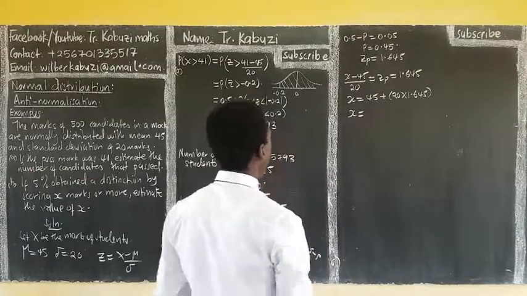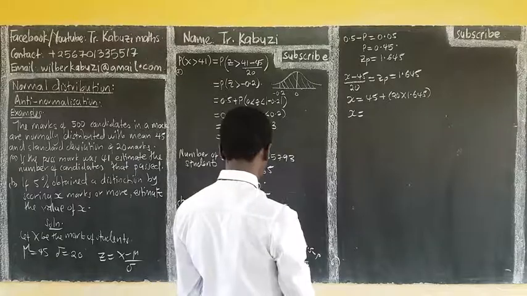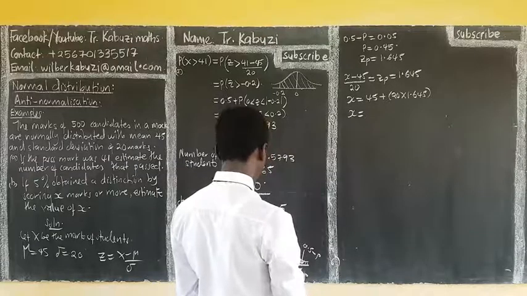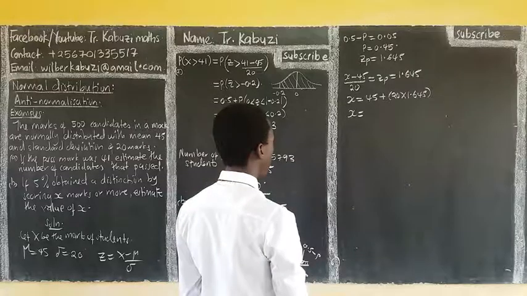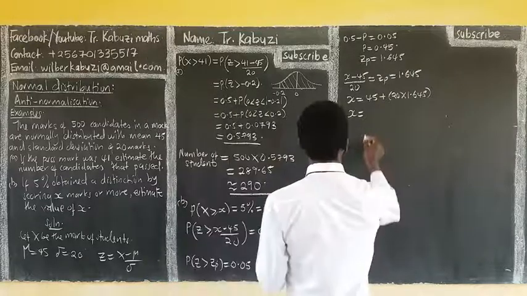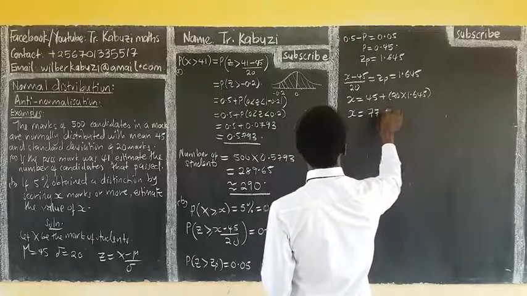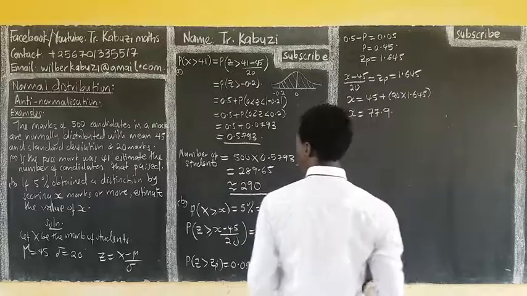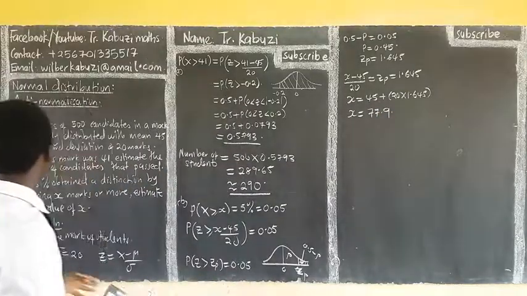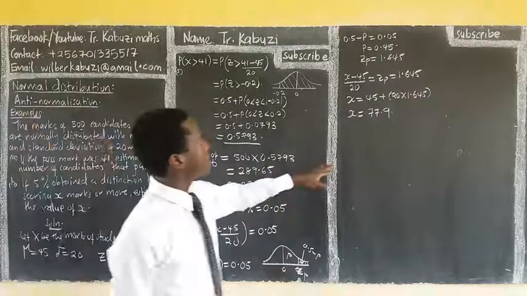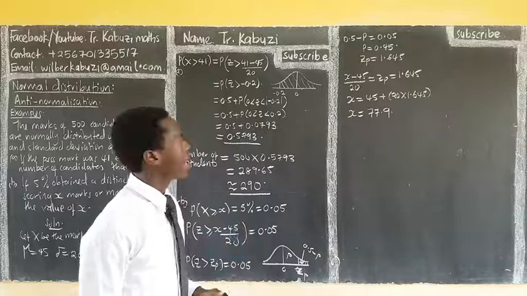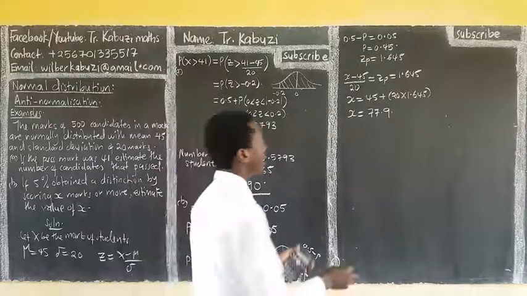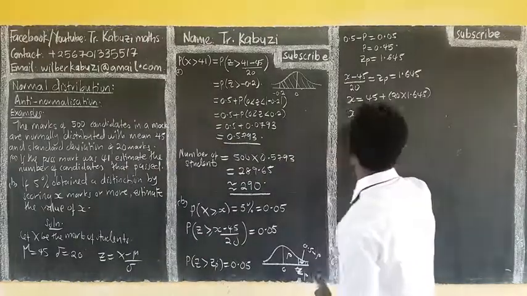So the mark is 20 times 1.645 plus 45, which is 77.9. So students who score 77.9 are going to get a distinction. That would be the answer.